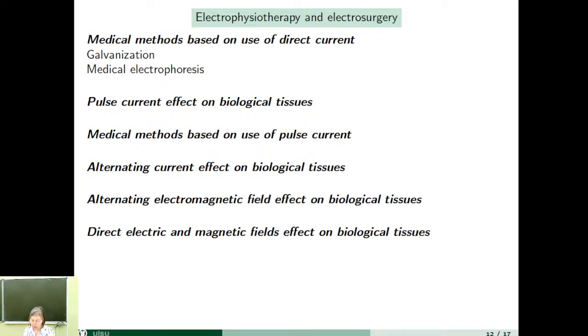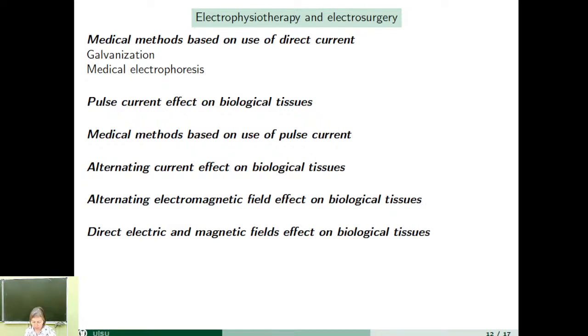When diathermy is used, the specific heat power of current flowing through the tissue is defined by the formula Q equals current density squared, multiplied by the resistivity of the tissue through which current flows.